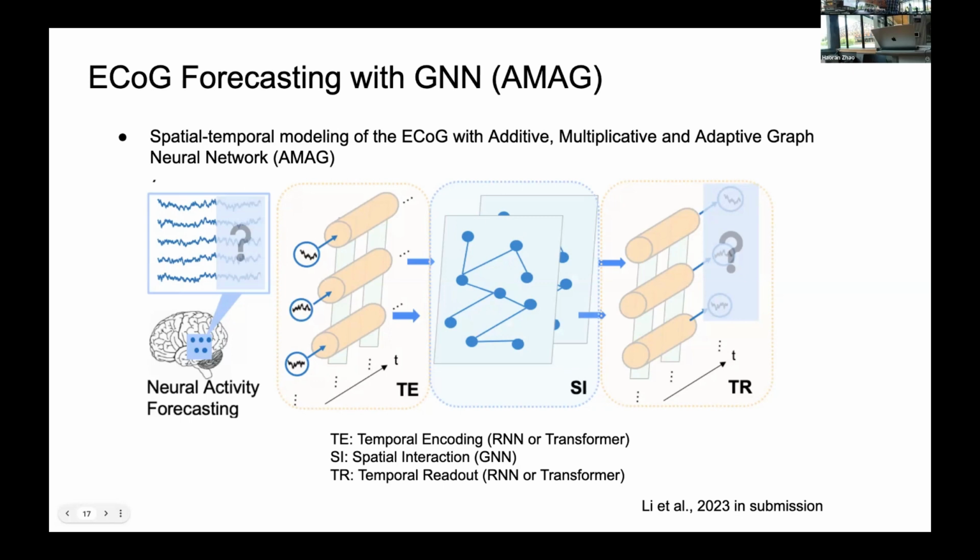Yeah, I see. Thanks for the great question. The question is how the number of parameters affects the model performance here. For the AMAC model, we didn't calculate the number of parameters, but we use a relatively small model compared to other models. But the graph network takes a lot of memory.